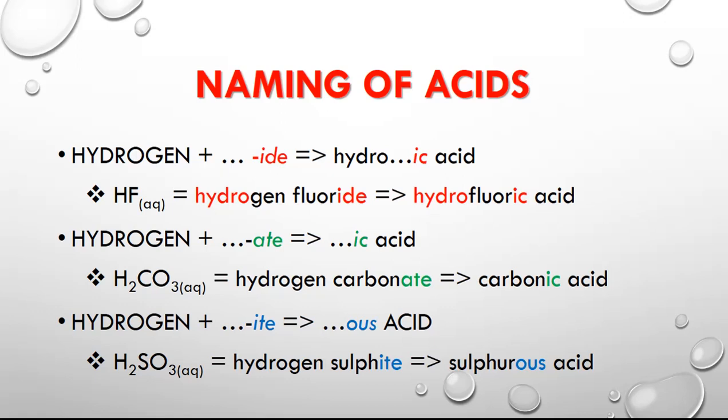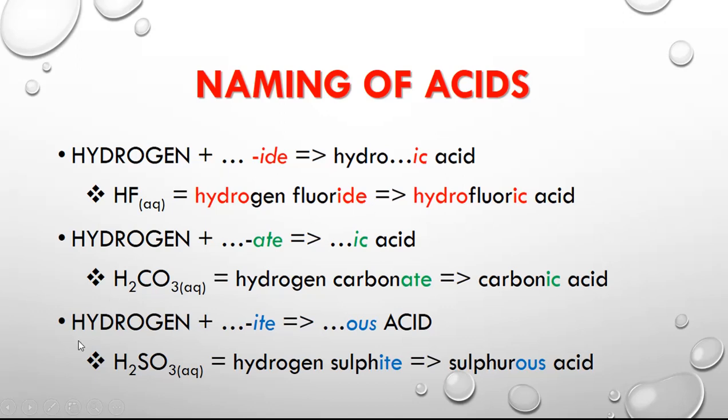You can name that compound as hydrogen fluoride, but as an acid in an aqueous solution, it is hydrofluoric acid. The hydro remains, but you take out the gen of hydrogen, and instead of fluoride, the IDE part, you change it to IC.